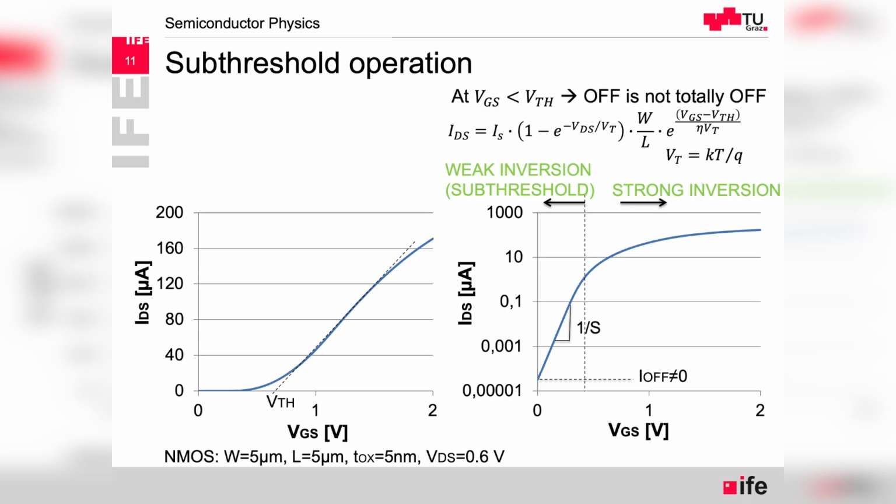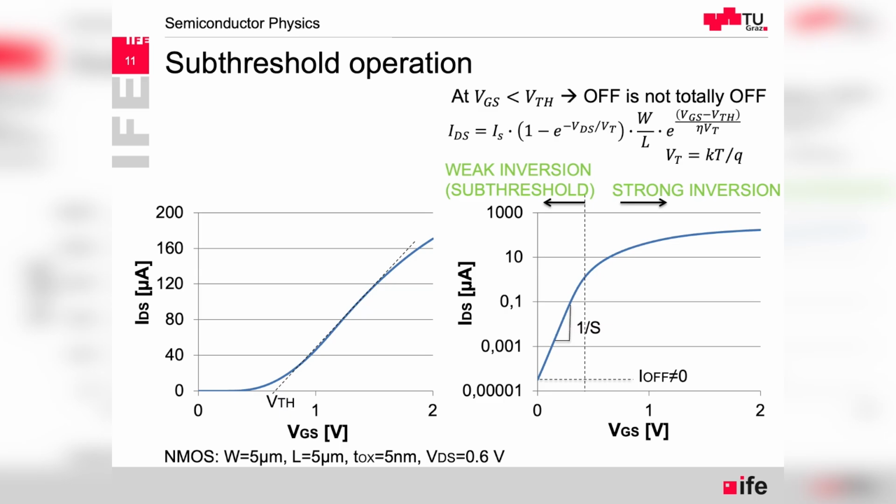As VGS increases, the logarithm of the current increases linearly with VGS. At some point it starts bending. As long as it's linear, we are in weak inversion, then we go through moderate inversion to the threshold condition, and onwards we have strong inversion.